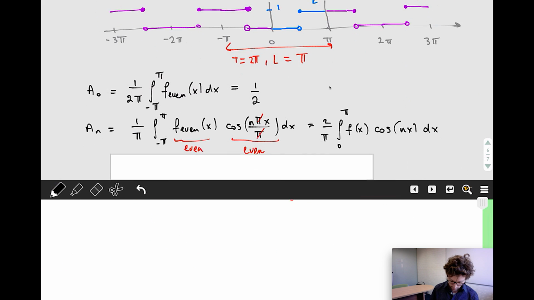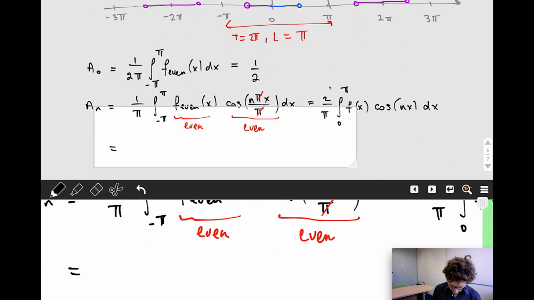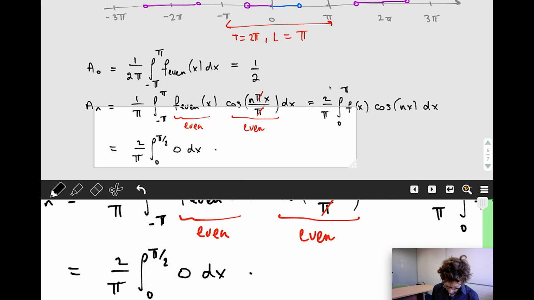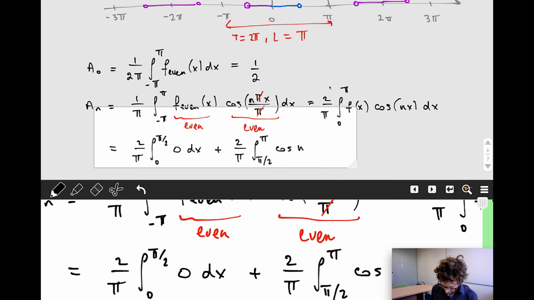So that's a straightforward calculation to do. f of x is just the step function, so we can have the integral from 0 to pi over 2 of 0, plus the integral from pi over 2 to pi of cosine nx times 1. So that first integral is going to give us 0.